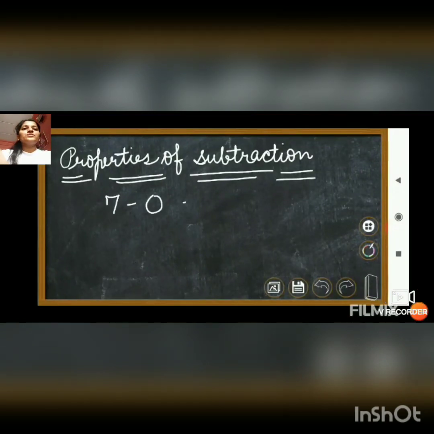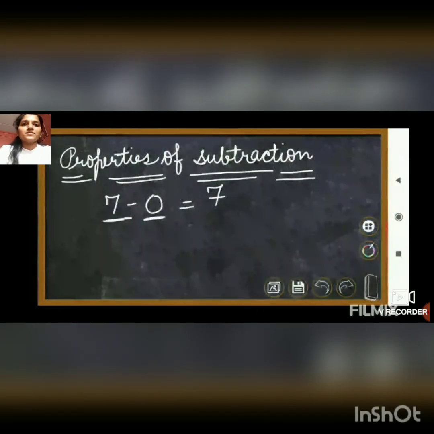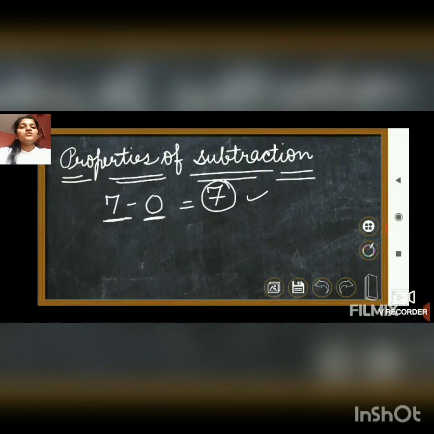So now we are going to take one example for each property. First property: we can see that 7 minus 0 is equal to 7. That means when we subtract 0 from any number, we get the same number as the answer. We are going to take the second example for the second property: 99 minus 99 is equal to 0.